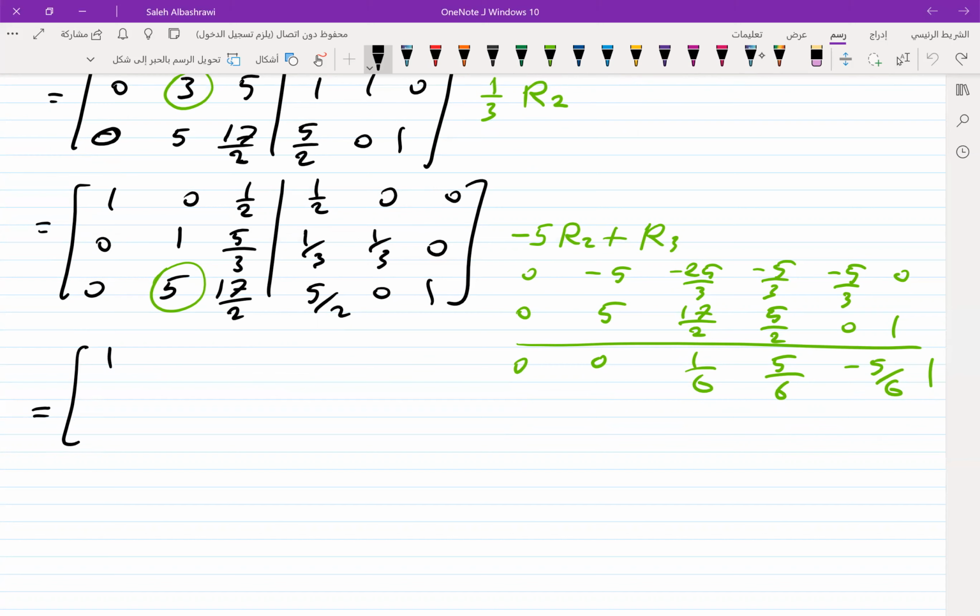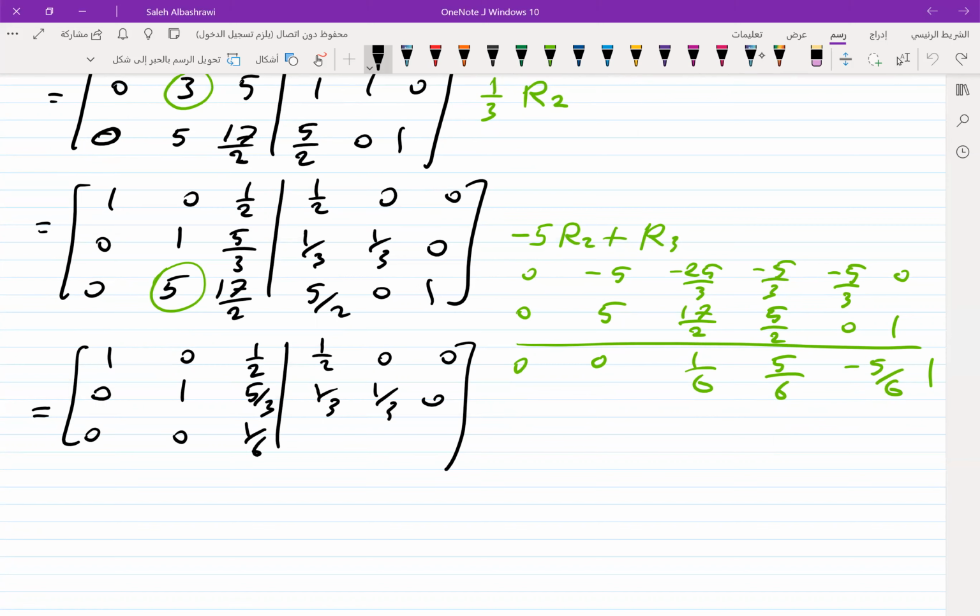This 1, 0, 1/2. I have 1/2 there, 0, and 0. Second row unchanged, 0, 1, 5 over 3, 1 over 3, 1 over 3, 0, 0, 0, 1 over 6, 5 over 6, minus 5 over 6, and 1.